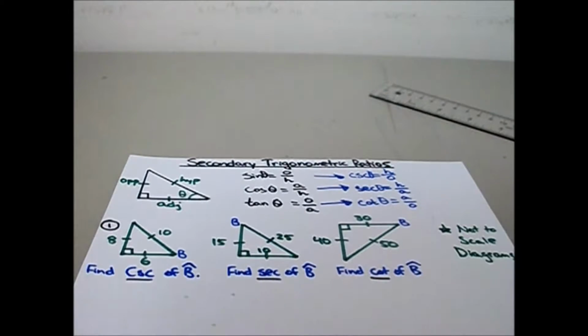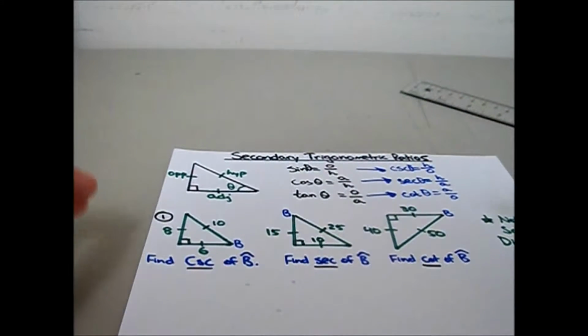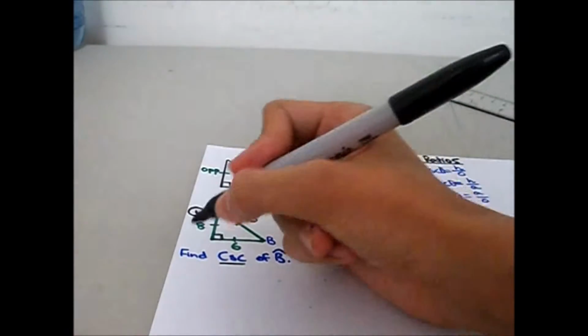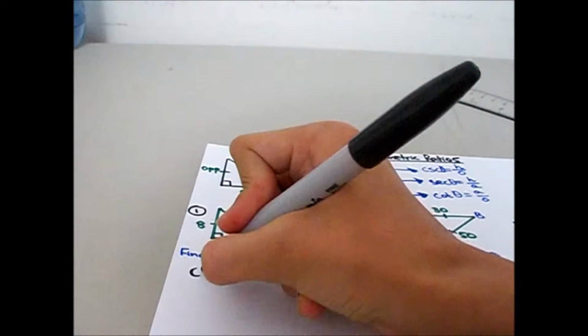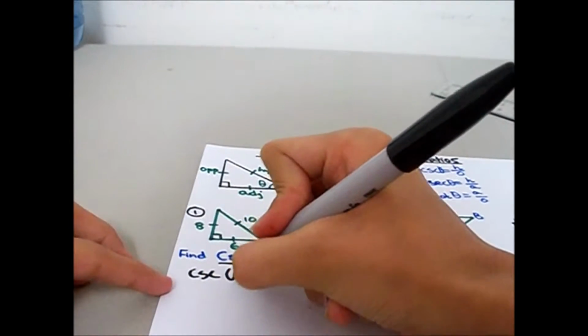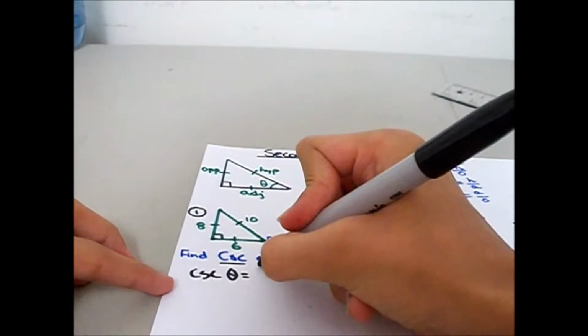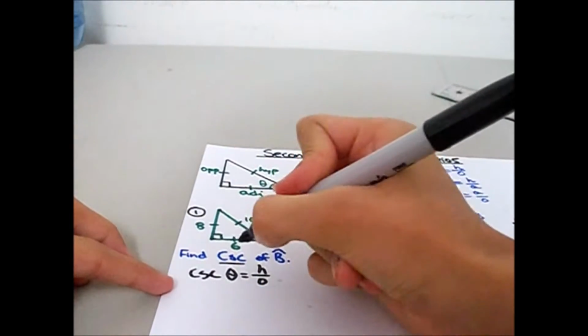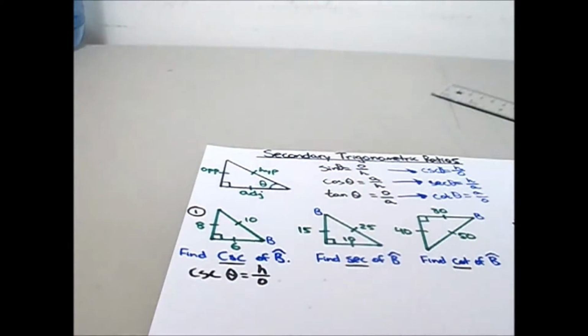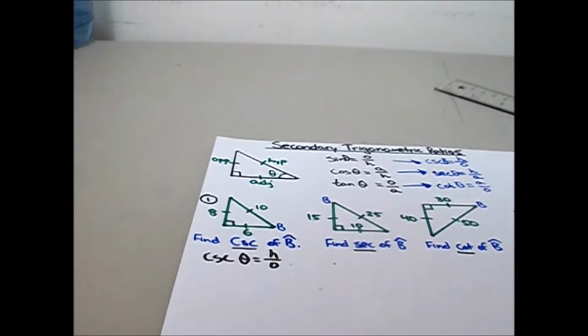So the first question states, find the cosecant of angle B. Again, we're going to write its formula. Cosecant of an angle equals hypotenuse over opposite. We're just going to write it as a fraction. We're not actually going to find the angle.